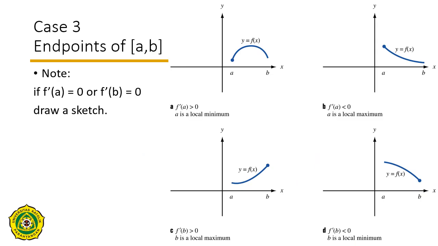Finally, we may check the endpoints A and B of the interval of X. We have 4 cases here. For example, for the point A, if the first derivative is positive, it means that the slope is increasing.